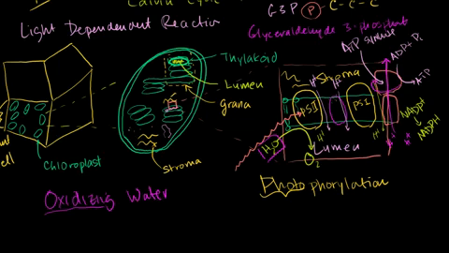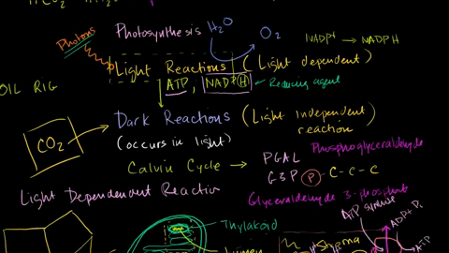And then the whole time it entered lower and lower energy states, that energy was being used to pump hydrogen across this membrane from the stroma to the lumen. And then that gradient is used to actually produce ATP. So in the next video, I'm going to give a little bit more context about what this means in terms of energy states of electrons and what's at a higher or lower energy state. But this is essentially all that's happening. Electrons get excited.